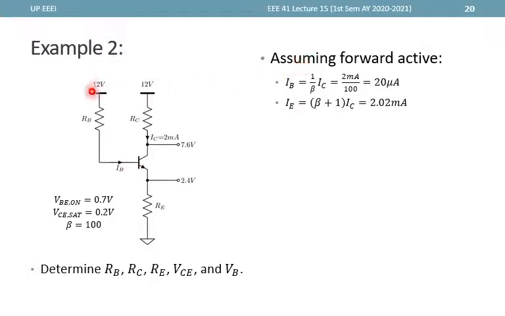So note that this is 12 volts and this is ground, and therefore most likely this base emitter junction can be forward biased by 0.7 from the given.